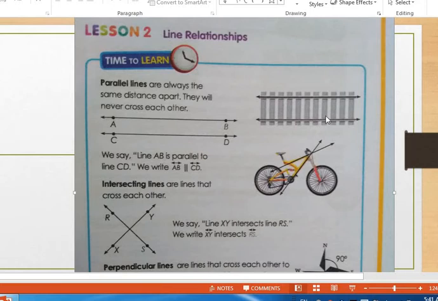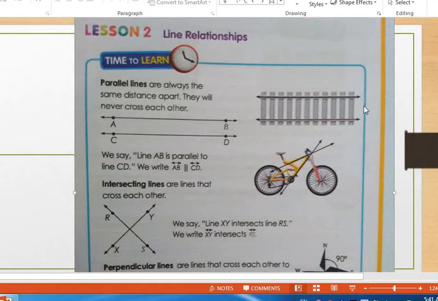So the parallel lines, don't forget, are lines that will never meet in a point, and are always the same distance apart. Here this distance is the same. The distance between them is the same. Okay?